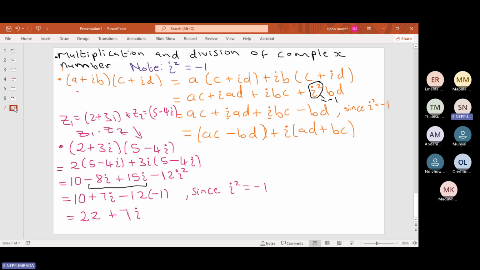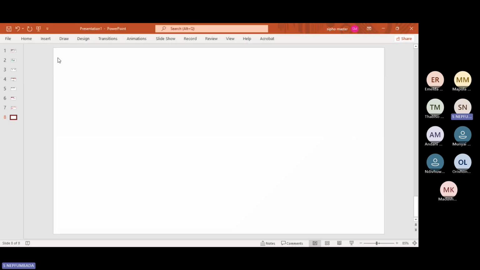So now, let's say we have Z1 is equals to 3 plus 2i, and Z2 is equals to 2 minus i. We say find Z1 divided by Z2.